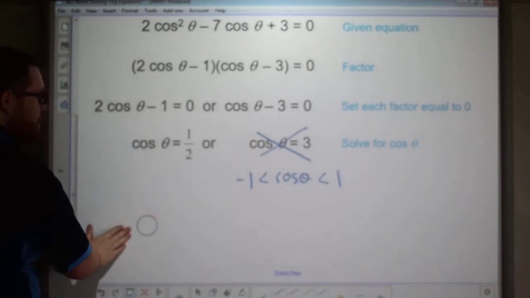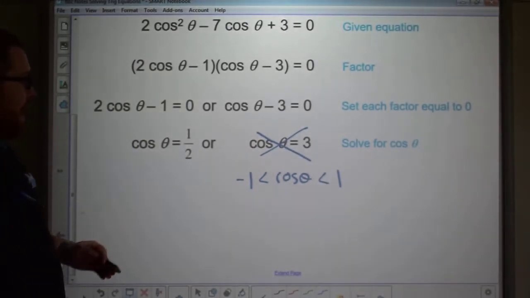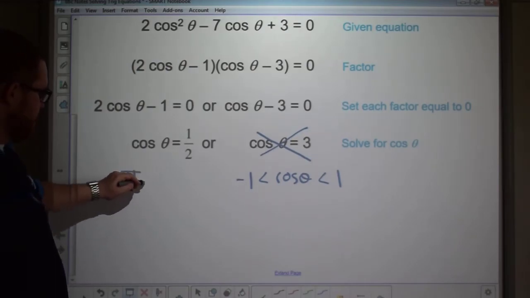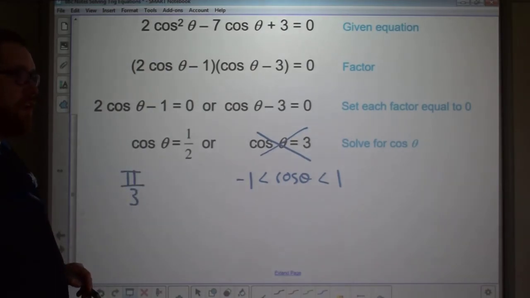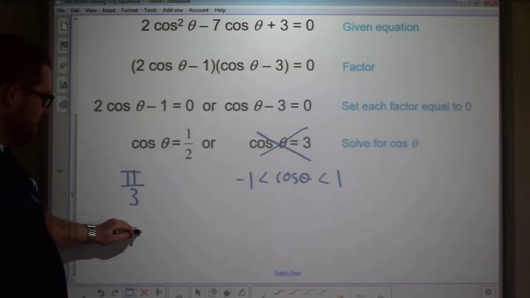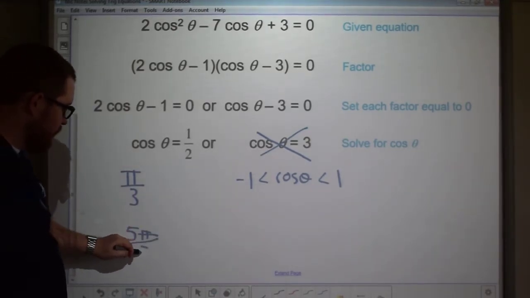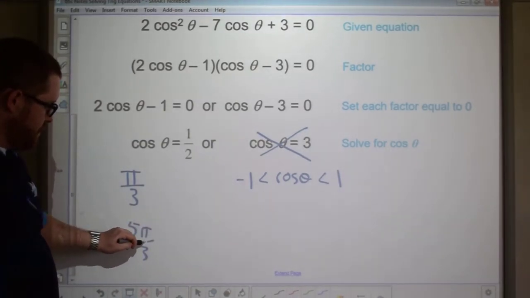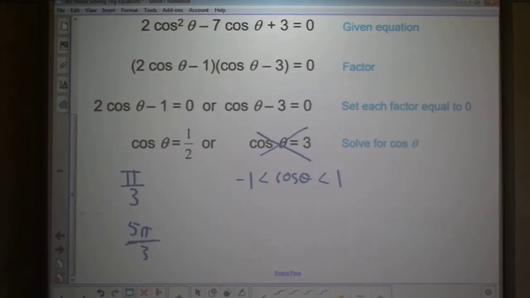Where does cosine equal 1/2? It equals 1/2 at, what is it, pi over 3? And the other place that it has cosine of 1/2 is 5 pi over 3. Those are the two places on the unit circle that have cosine of 1/2. But that's just two of the answers.